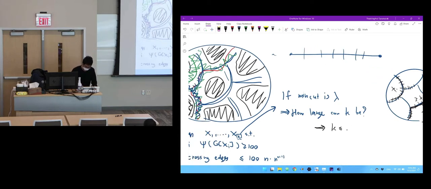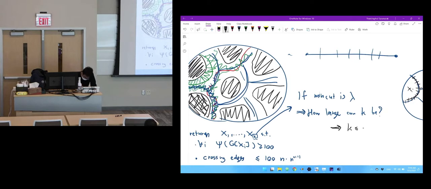Yeah. So it's really just the crossing edges divided by lambda, and this now depends on how you choose the parameter in the expander decomposition.